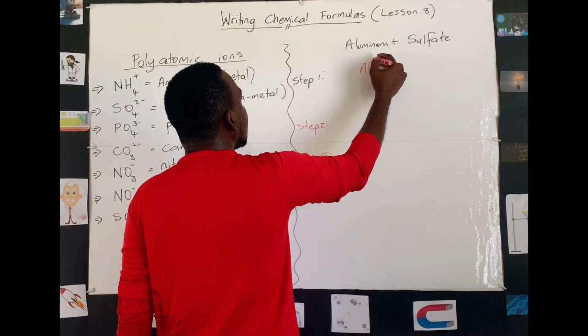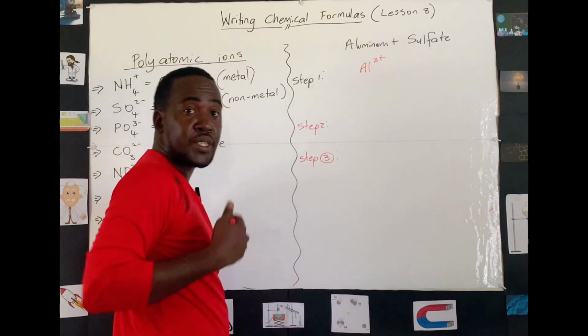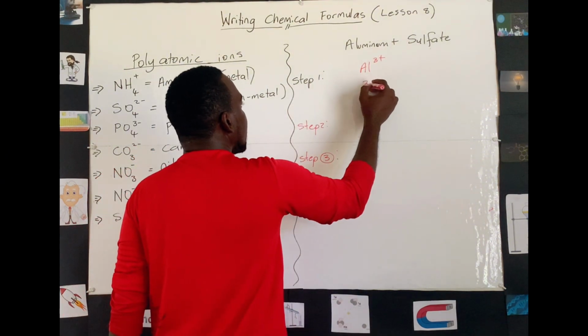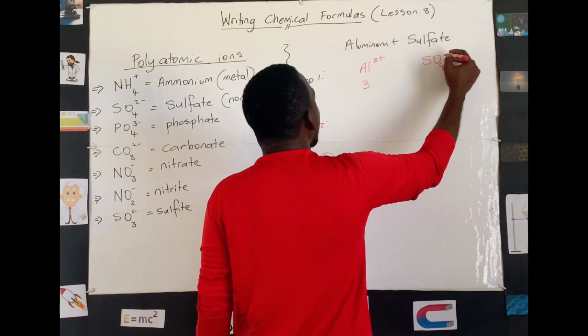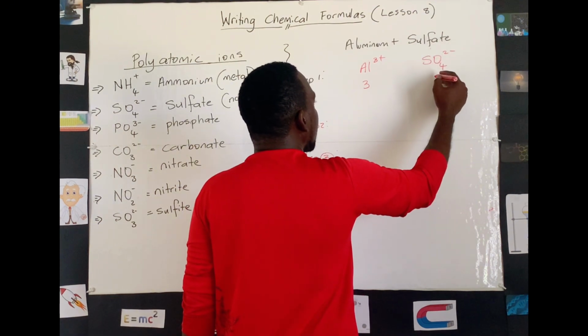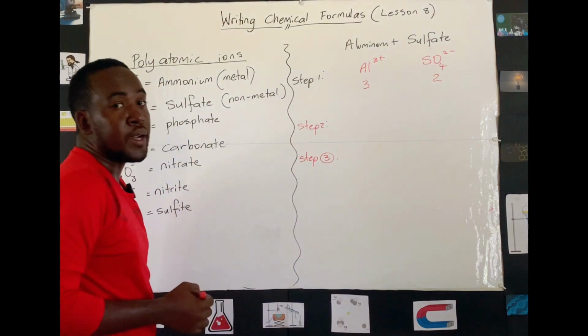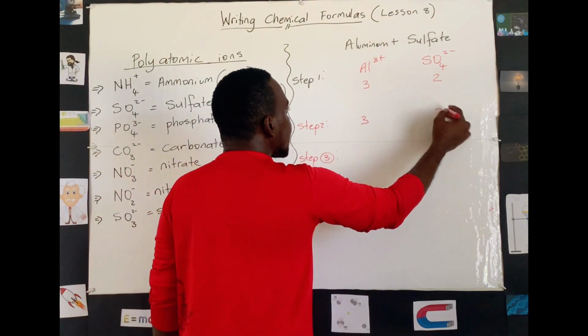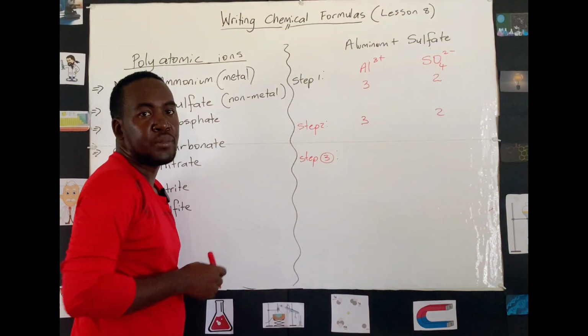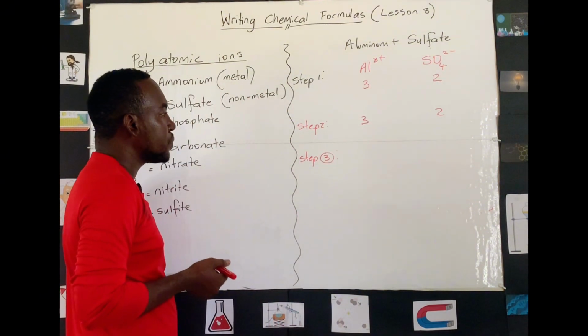So aluminum 3 plus, because it's in group 13, it will give 3. So that's 3. Sulfate is SO4, 2 minus, so therefore it will give 2. Alright, in its lowest term, it's just 3 and 2 because there's no common factor between 3 and 2.